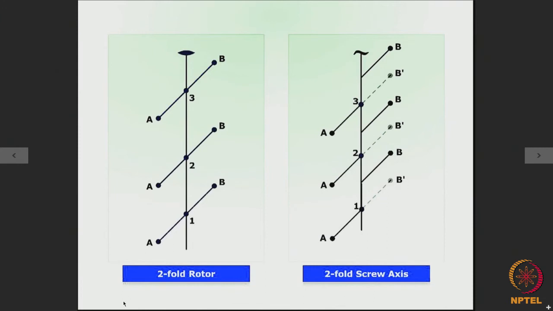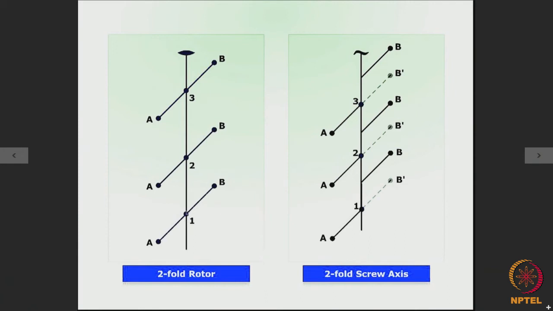Say we have a simple two-fold rotor along this vertical line. Now, if 1, 2 and 3 are three lattice points, and we have a point A over here, because this is the lattice point having a two-fold axis, A will produce the point B due to the operation of the two-fold rotation axis.